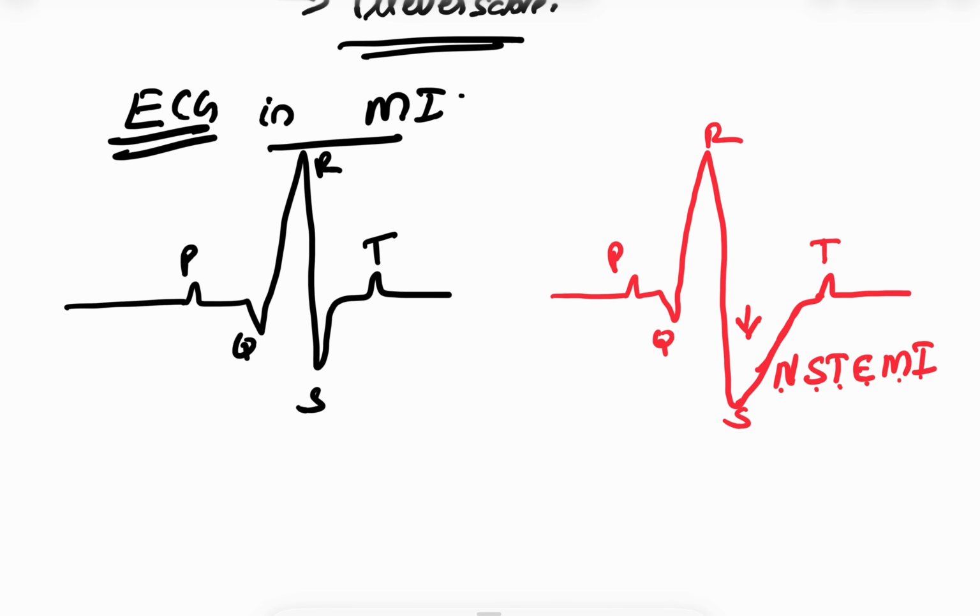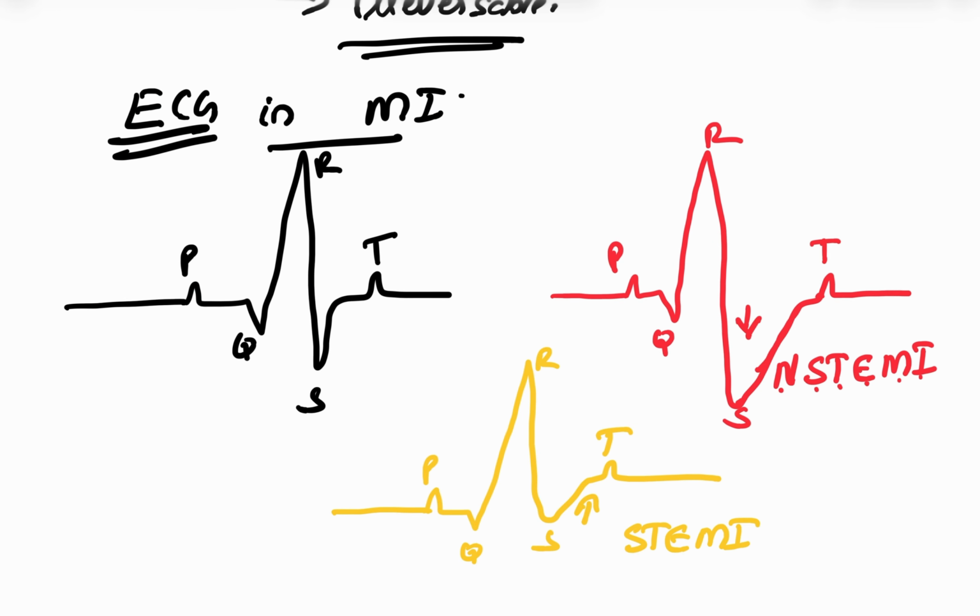That's a type of myocardial infarction. Or the patient can have PQRST with ST segment elevation. STEMI is ST segment elevation myocardial infarction, and NSTEMI is non-ST segment elevation myocardial infarction. This is a normal ECG, and these two ECGs are seen in myocardial infarction.